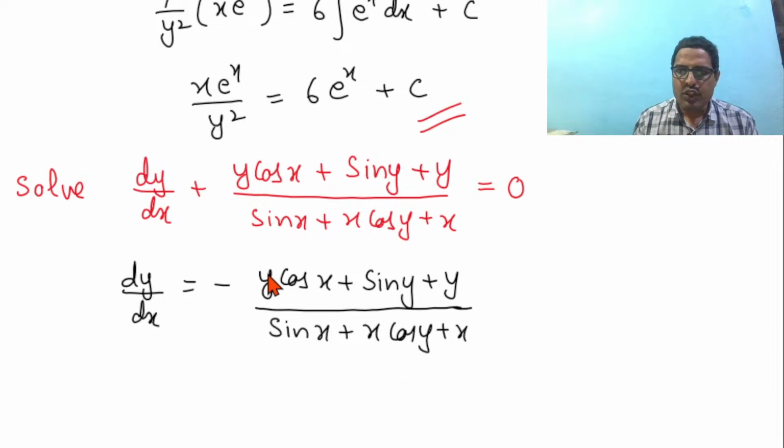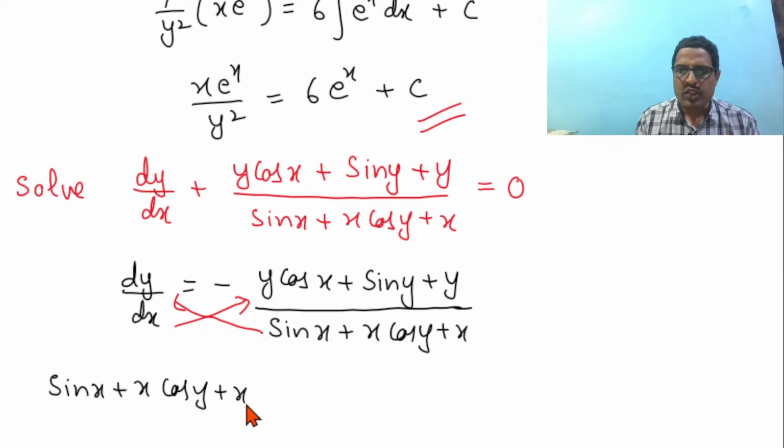Further you can cross multiply. Let us take this value on this side and dx on the other side. So if I am taking it on this side, it becomes (sin of x plus x cos of y plus x) times dy.